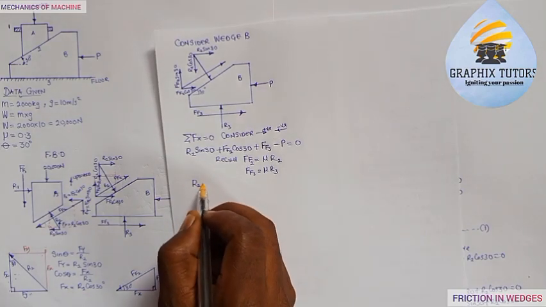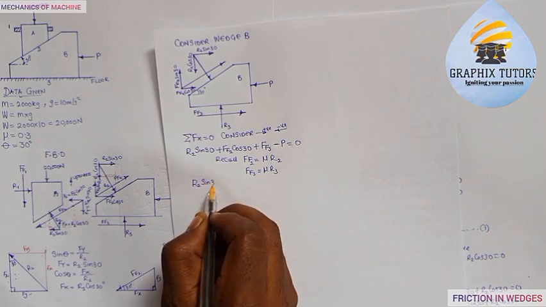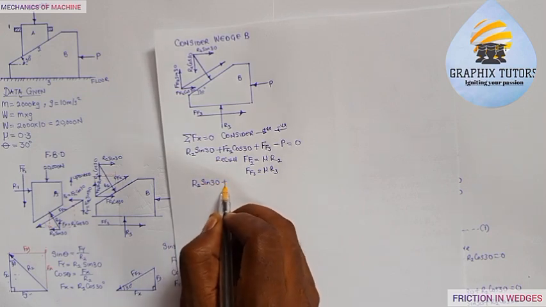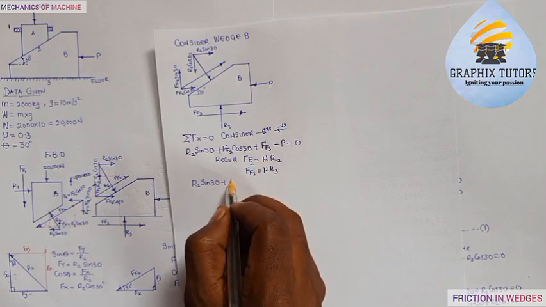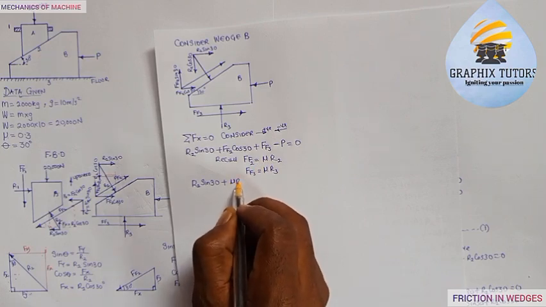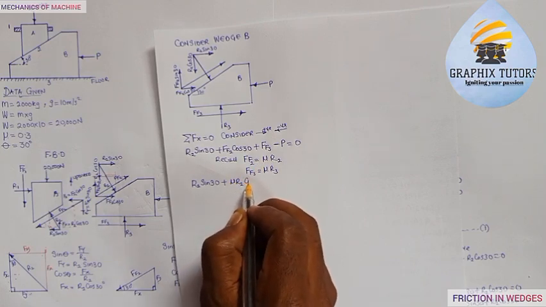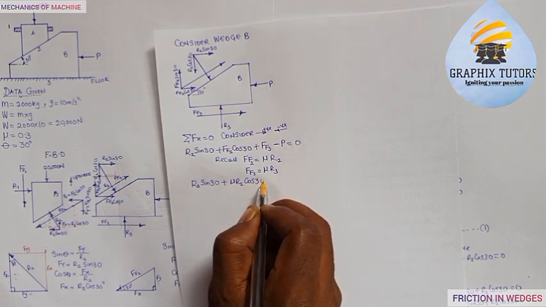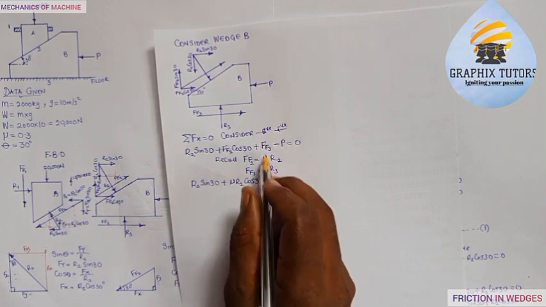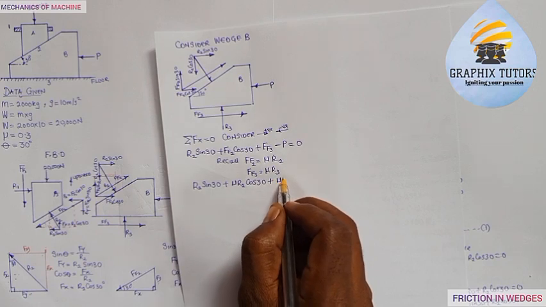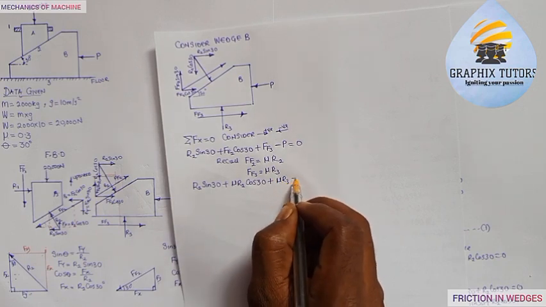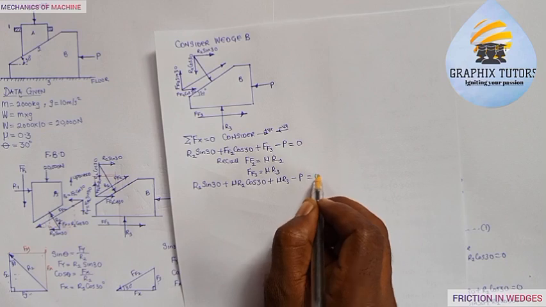So this will now give me R2 sine 30 plus FF2, instead of that I'll write μR2 cos 30 plus FF3 is μR3 minus P is equals to 0.